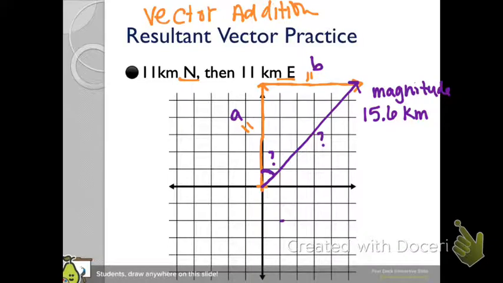So let's see here. If I'm looking at this right triangle, I know all of my side values. I know the opposite side, the adjacent side, and the hypotenuse. But here's what I'll tell you. When I'm solving for the angle, I like to use the values we were given to start, which means I want to use the opposite side and the adjacent side.